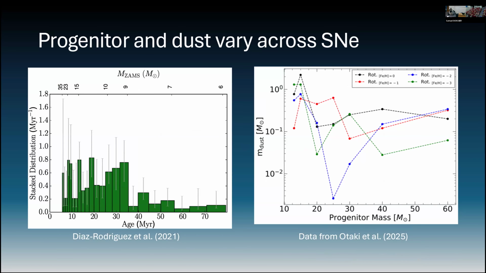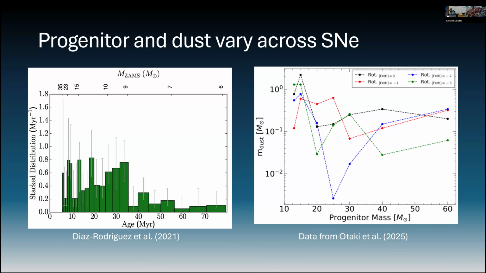However, while the properties of dust in supernovae vary quite significantly based on the progenitor masses of these objects, understanding the range of properties of molecules that form, and therefore the masses of dust that form within these supernovae, requires us to look at supernovae from across multiple different mass ranges.